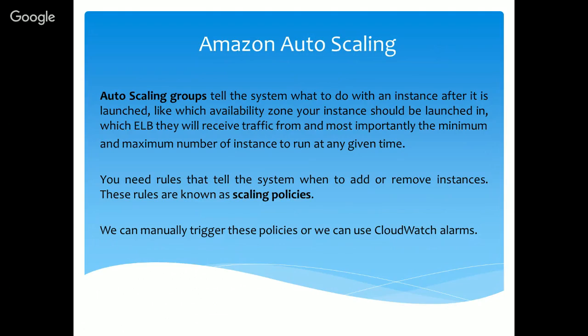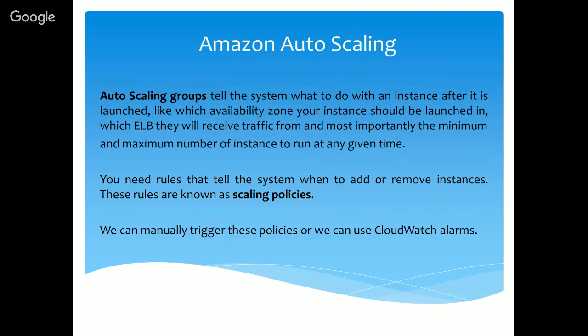You can use the metrics from CloudWatch, and you can say, hey, if the CPU usage on my server goes above 80%, add maybe two more instances. When the average CPU usage goes down to, let's say, 50%, remove one instance. Or if it's experiencing a certain latency, add some more instances.